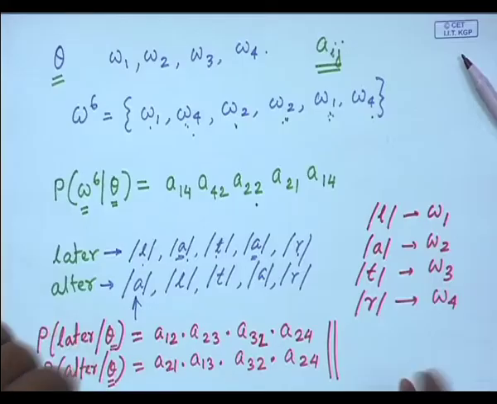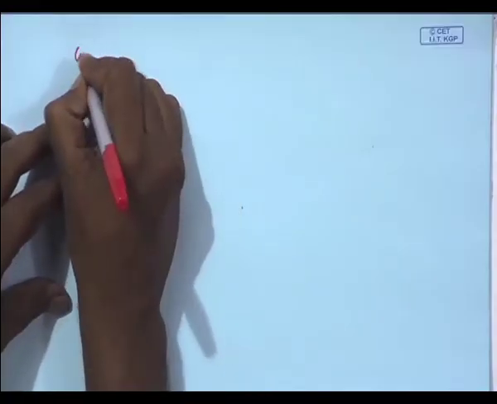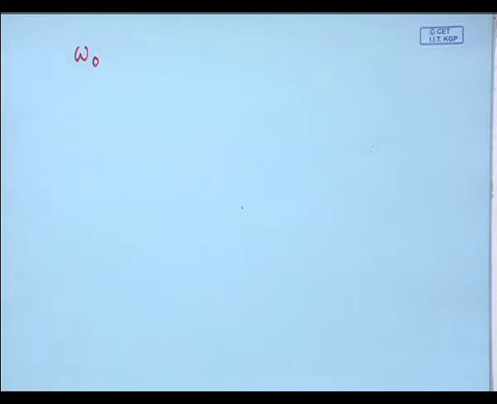Now, as I said, in this hidden Markov model there is a specific state which is an accepting state or absorbing state, and this specific state is usually represented by the symbol omega 0. And as we said, once this hidden Markov model enters the state omega 0, it cannot come out of that state.